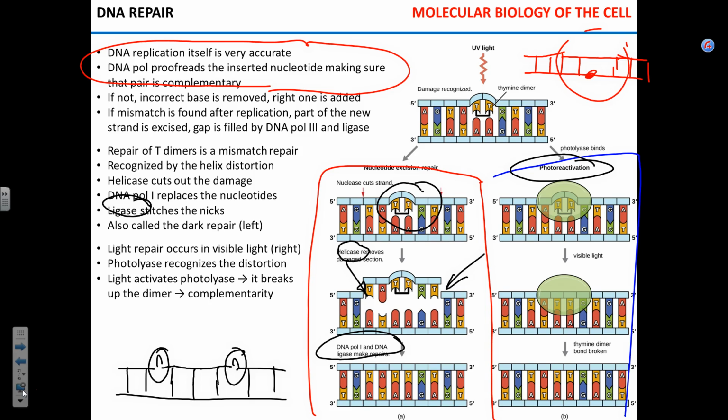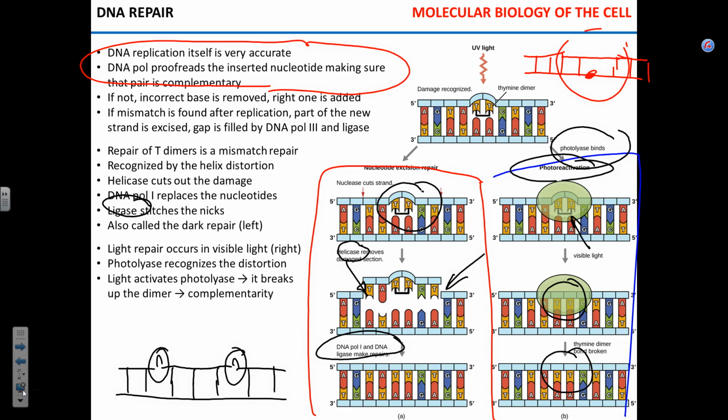When UV light as a component of the sunlight causes the formation of thymine dimers, the visible component of the spectrum activates the enzyme that is called photolyase. And photolyase does not cut the fragment out. Instead, it breaks the bond between the thymine dimers and the original pairing is restored. Does that make sense? You see the difference?